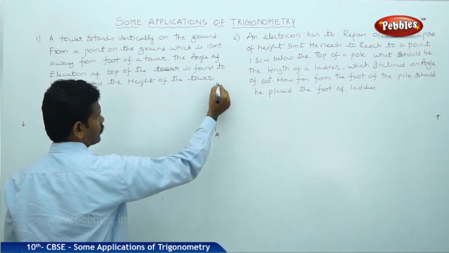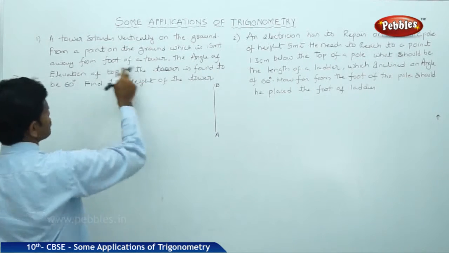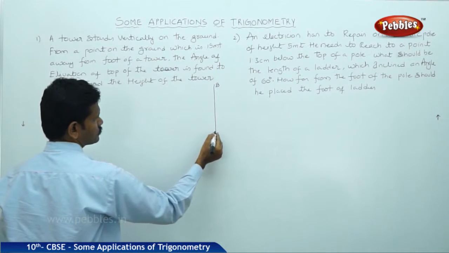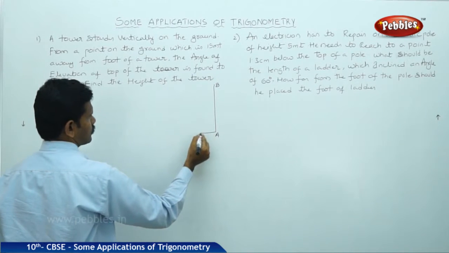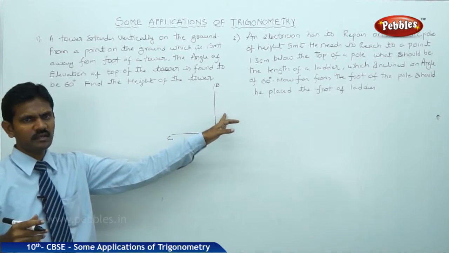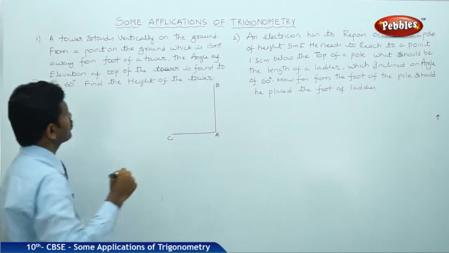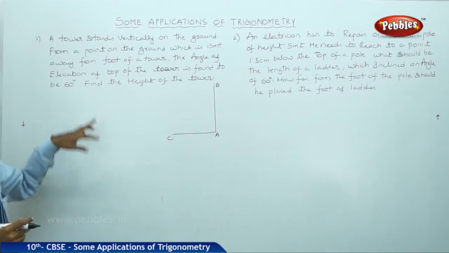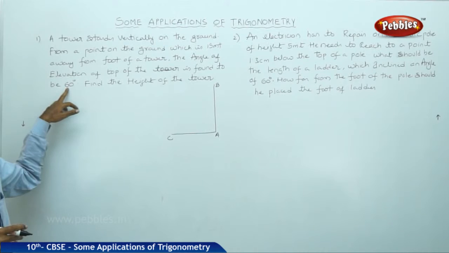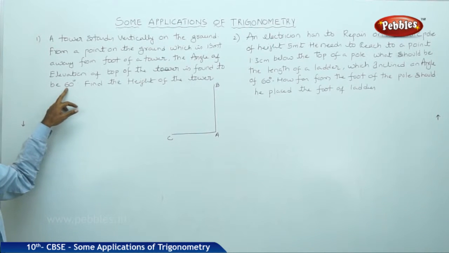Let AB be the height of the tower, and the point is 15 meters away from the foot of the tower. The angle of elevation of the top of the tower is found to be 60 degrees. The angle of elevation means the eyesight is above the normal eyesight.